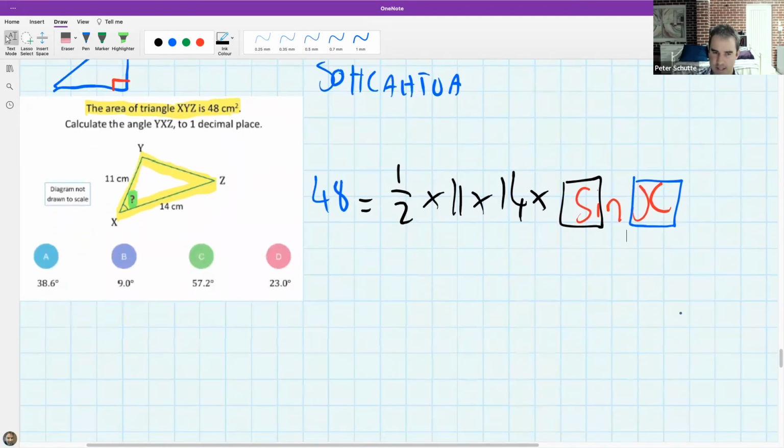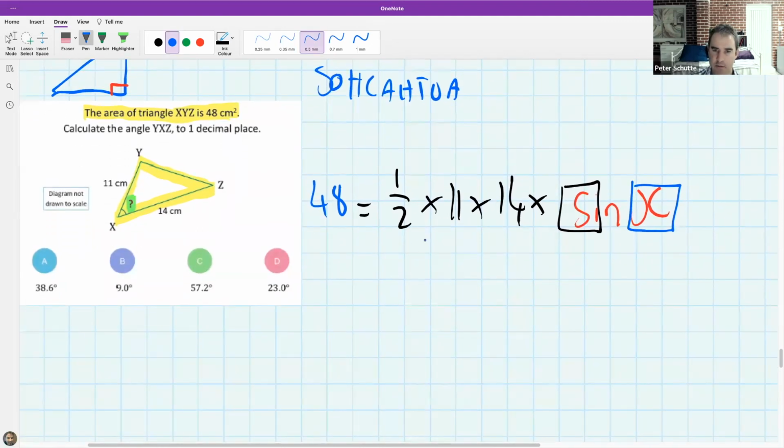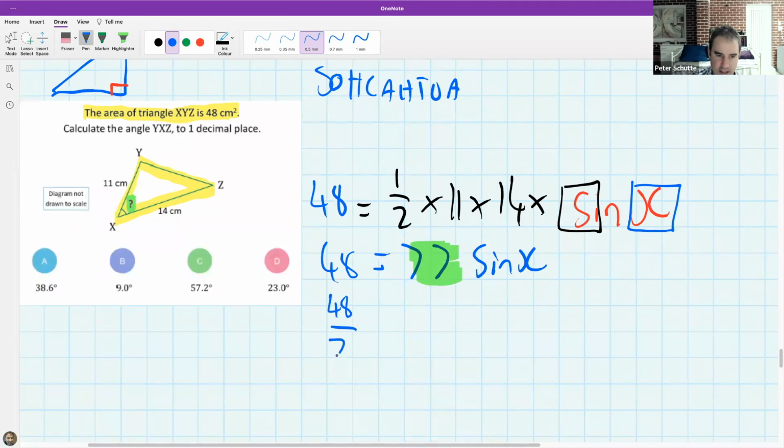Could we maybe move all these numbers around? What is a half times 11 times 14? I think that will just be 77 sine x. Then if I divide both sides by 77, I get 48 over 77 is sine of x.